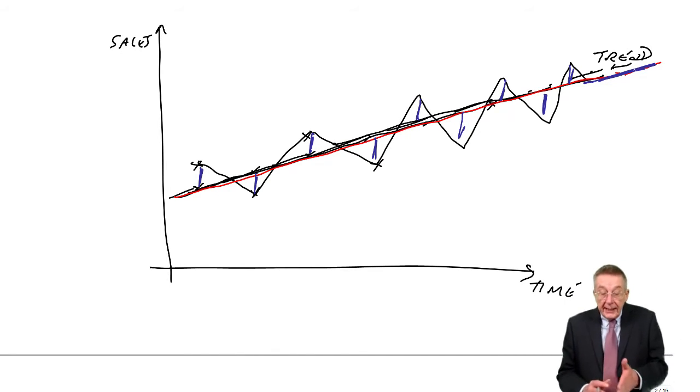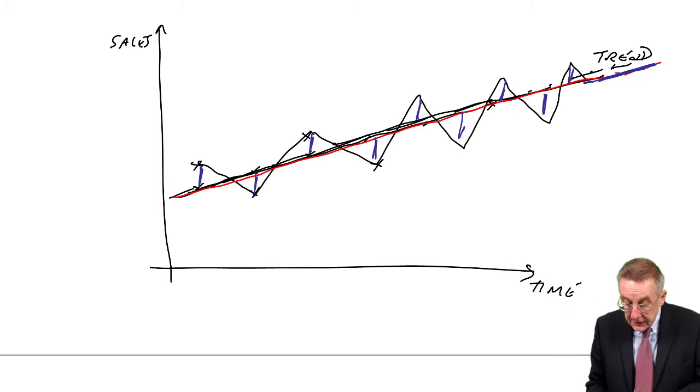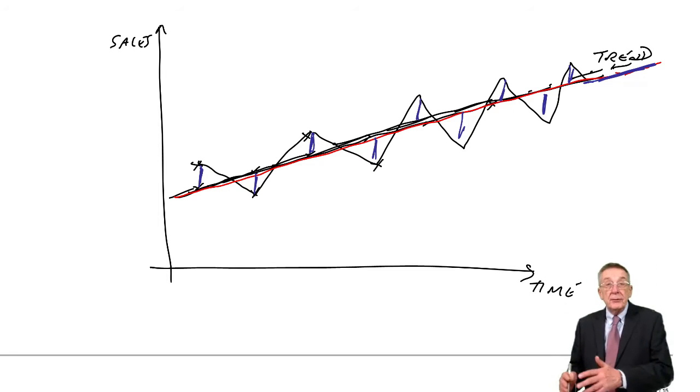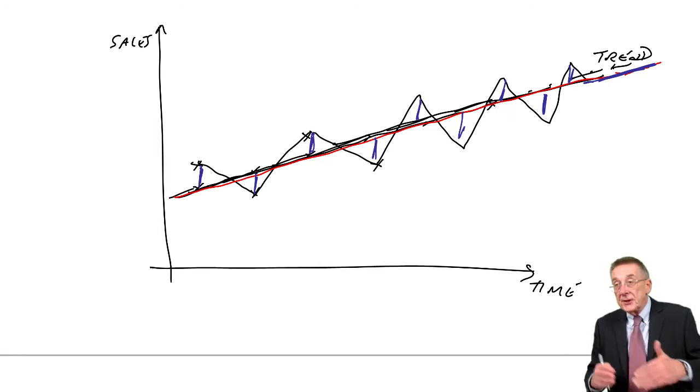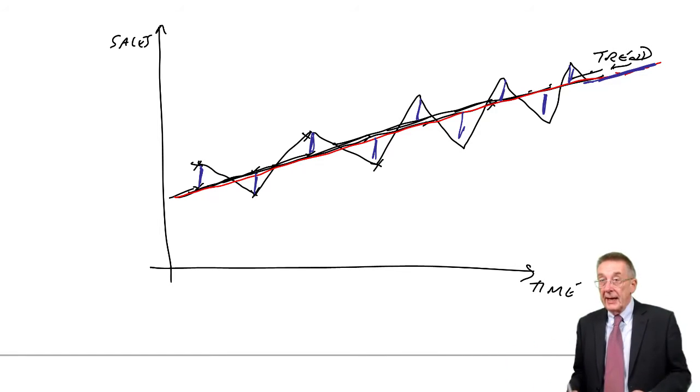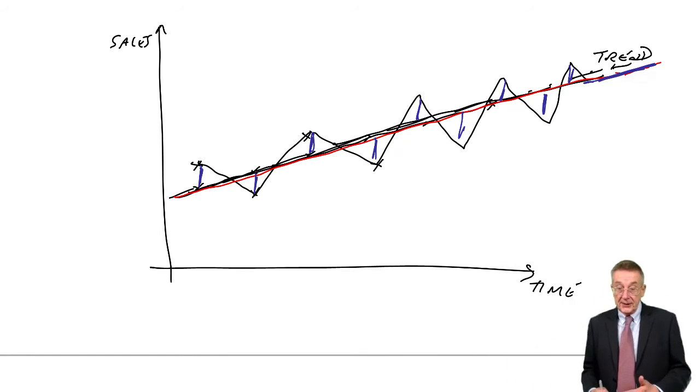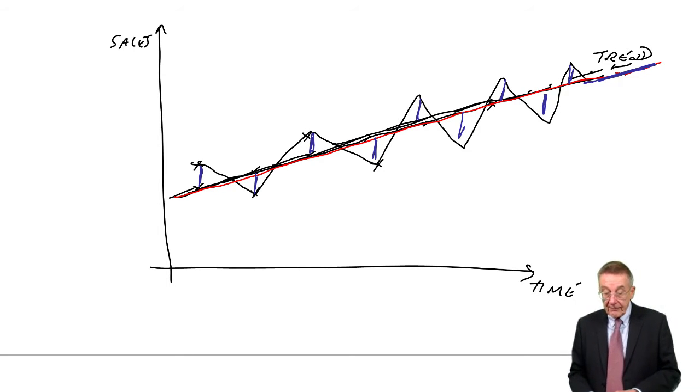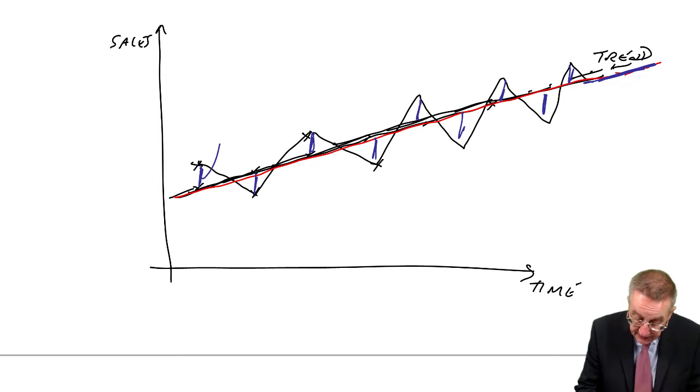And if we've identified these seasonal variations, perhaps we can forecast that as well. In summer we'll forecast a bit more than the average, in winter a bit less. So that's the terminology. These are seasonal variations.